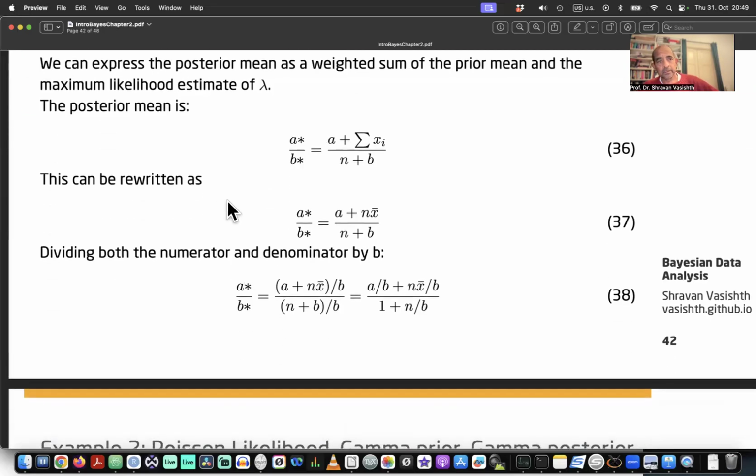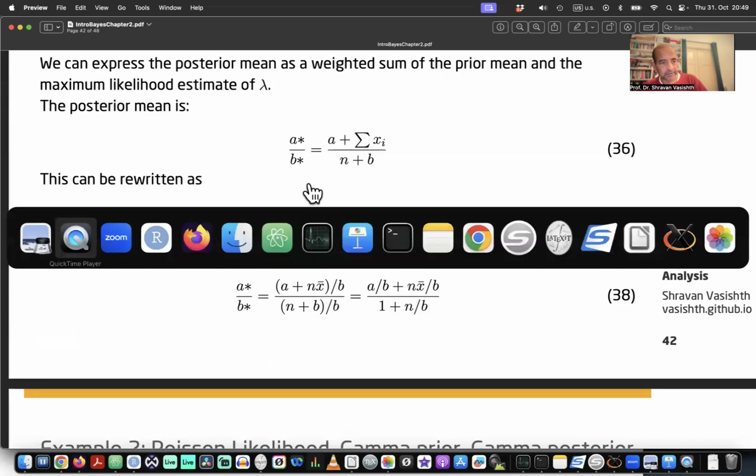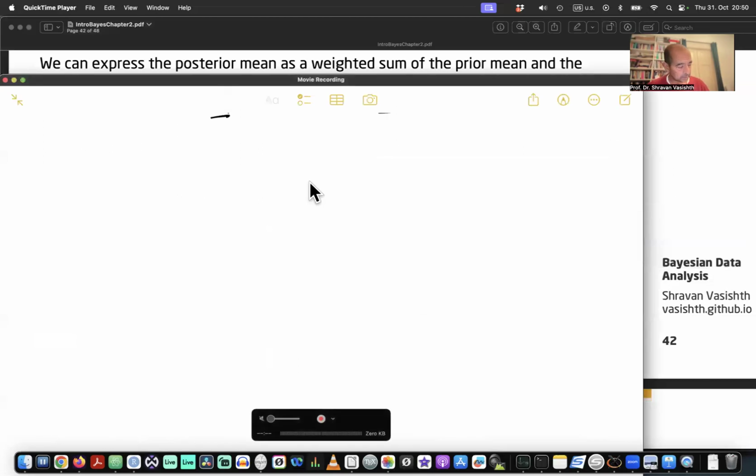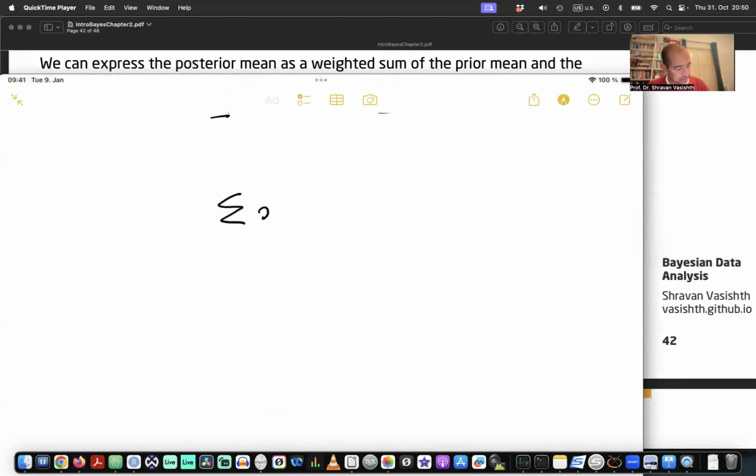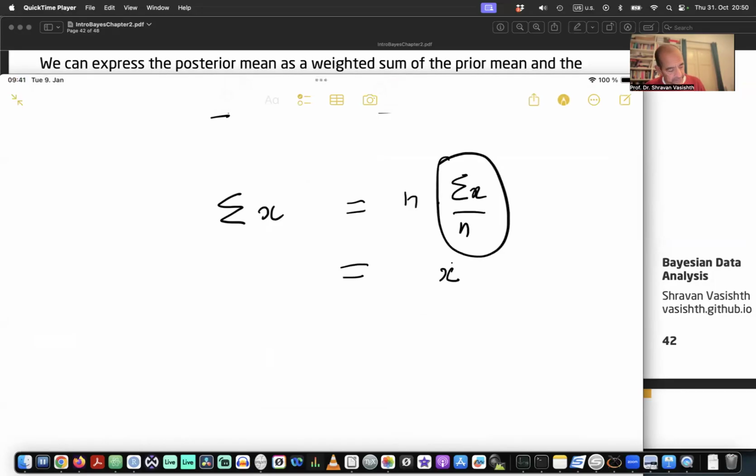Now, this posterior mean, we can rewrite it in the following way. And we're going to use the following fact. One important trick that statisticians use all the time is that whenever you see a sum of X somewhere, they will multiply it by N divided by N. And what that gives you is the sample mean, which is often written as X bar.